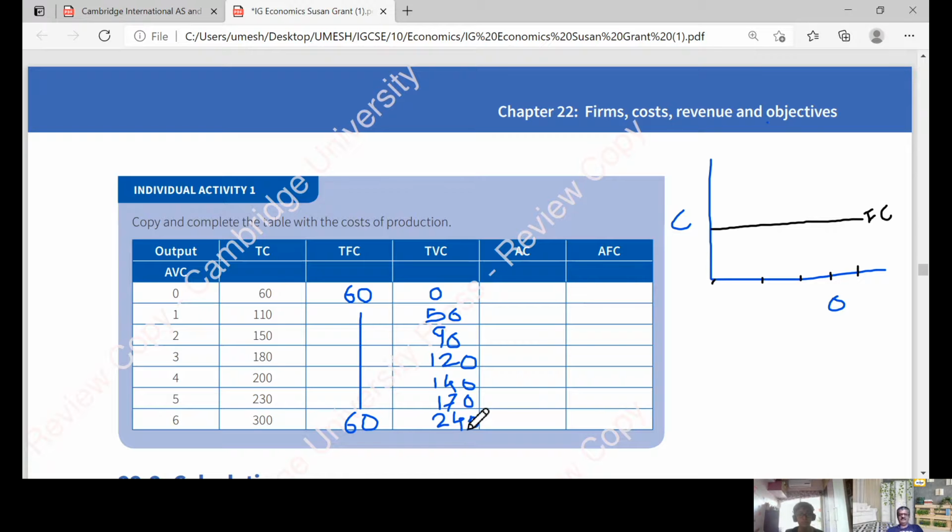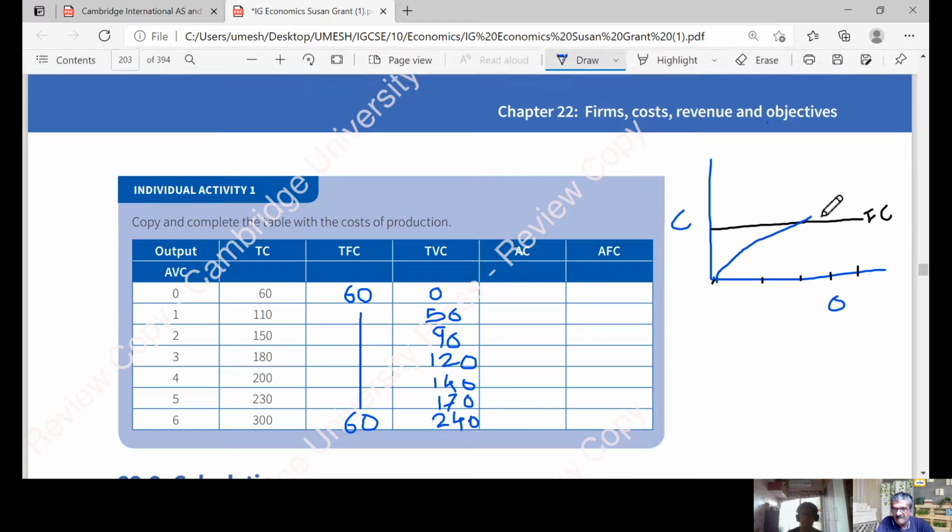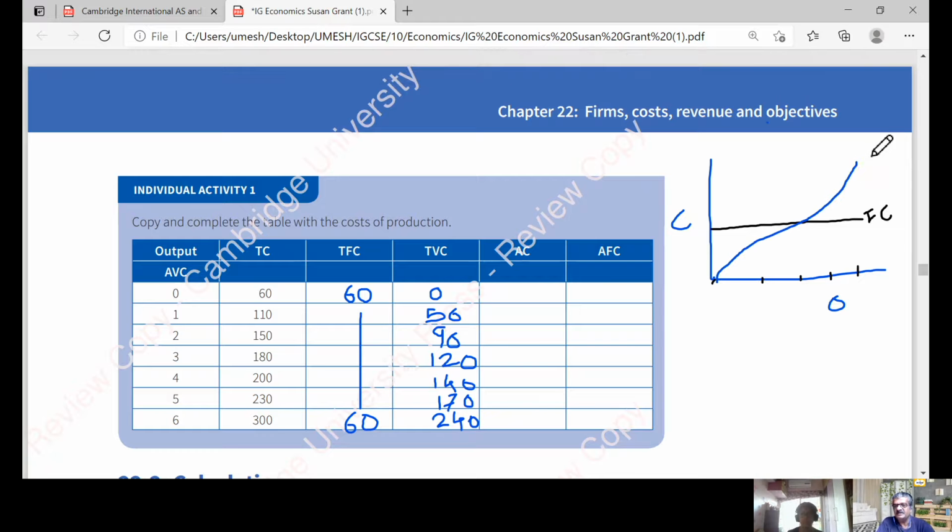Okay, so here we say that when the output is zero, your total variable cost is zero, and as it goes on increasing, this will go on increasing. This is your variable cost.